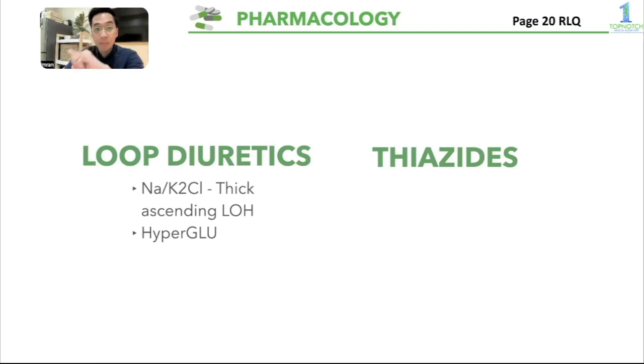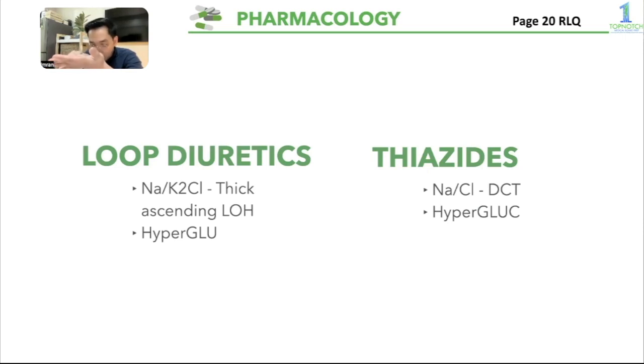G for glycemia, L for lipidemia, U for uricemia. Sino naman yung may side effect na hyperGLUC? It's your thiazide diuretic, no? Which acts on where? Sa distal convoluted tubule natin. Okay? C for, what is C? Your hypercalcemia, no? Na ginagamit siya to also treat for idiopathic nephrocalcinosis.